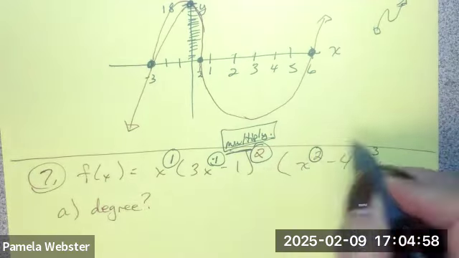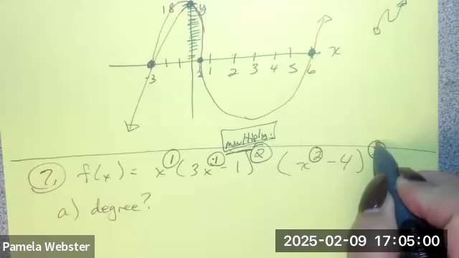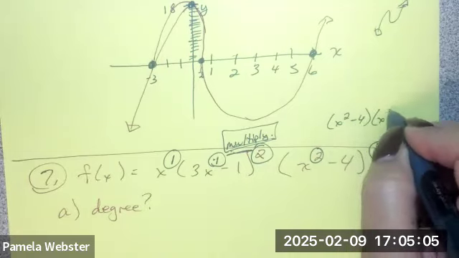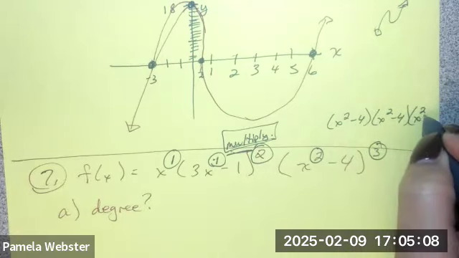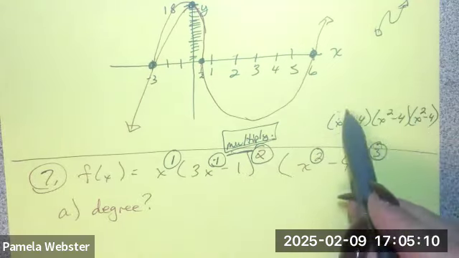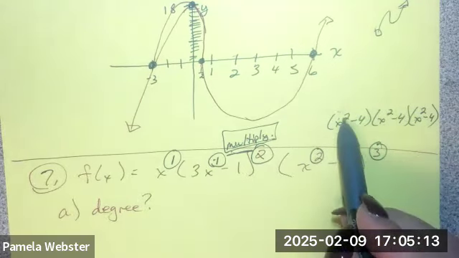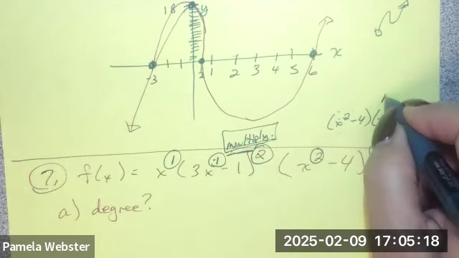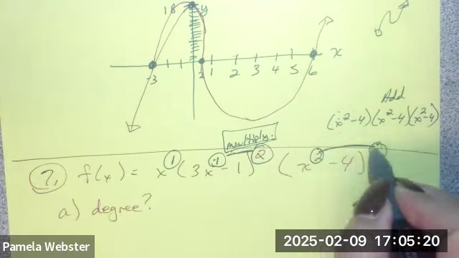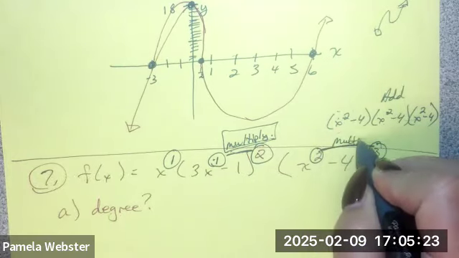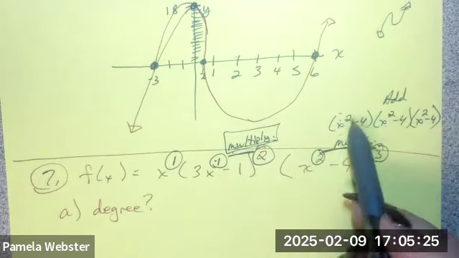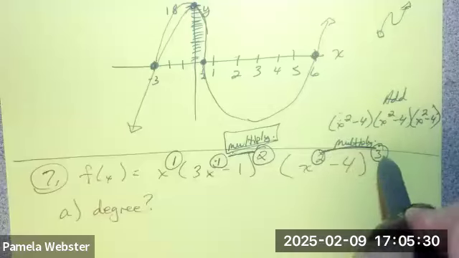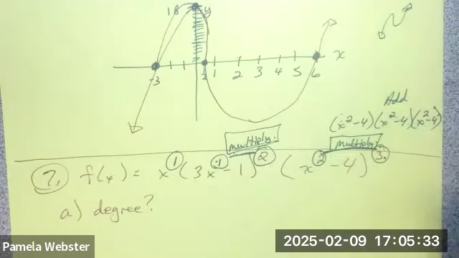This one's degree is a 2, but it's being raised to the third power, which means if I wrote that out, it'd be (x squared minus 4) times (x squared minus 4) times (x squared minus 4). When I multiply those three things together, that would be 2, 2, and 2. Here I would add them, because they're multiplied. But here it's a power to a power, you multiply them. Either way, 2 plus 2 plus 2 is 6, or 2 times 3 is 6. So make sure you know those exponent rules.